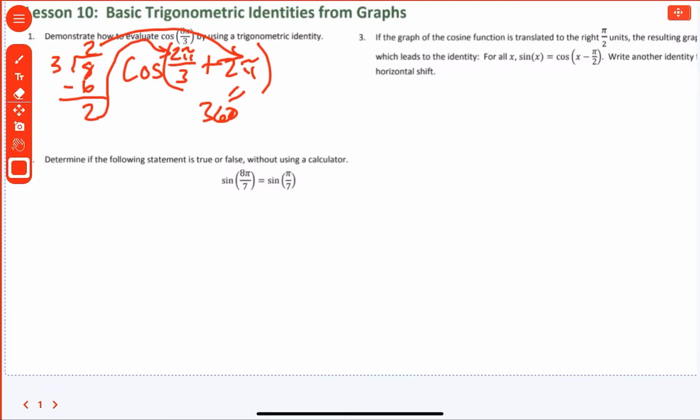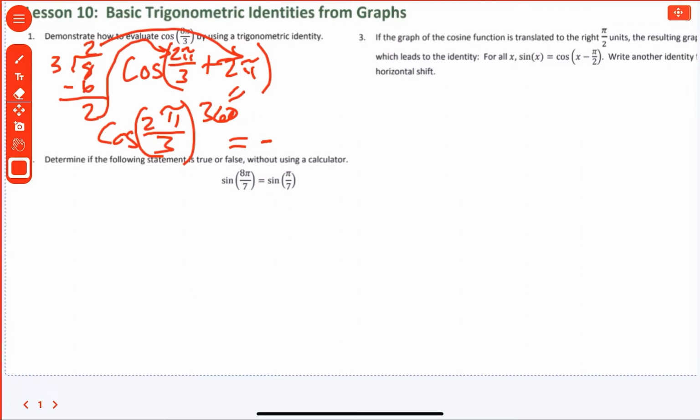So what is cosine of 2 pi over 3? Well, if you're looking at your unit circle, that's going to equal a cosine in the second quadrant, which means it's going to be negative.